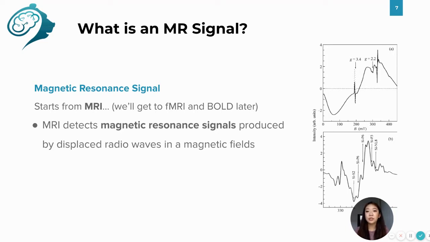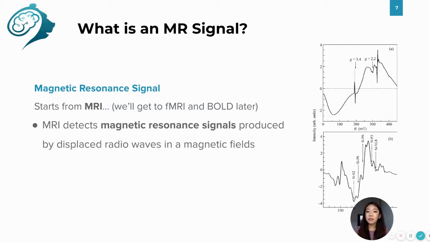So an MRI, which is just magnetic resonance imaging, detects magnetic resonance signals produced by displaced radio waves in magnetic fields. So the hydrogen atom, which is something that is in water molecules, right, which is all throughout our body, hydrogen atoms behave like a small magnet.